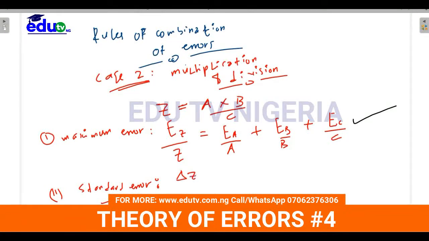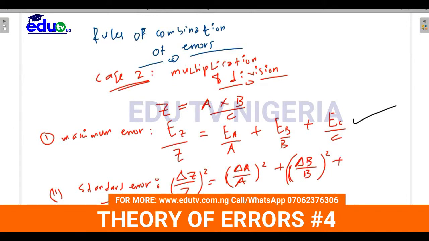So error in z over z all squared equals error in a over a all squared plus error in b over b all squared plus error in c over c all squared.